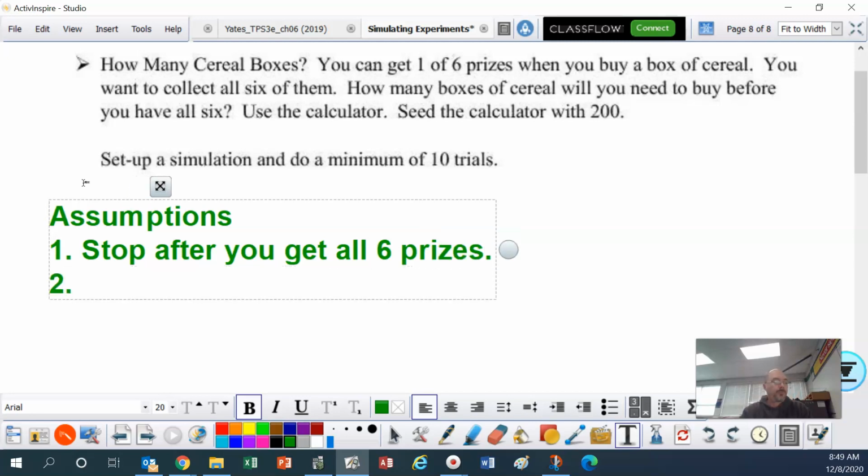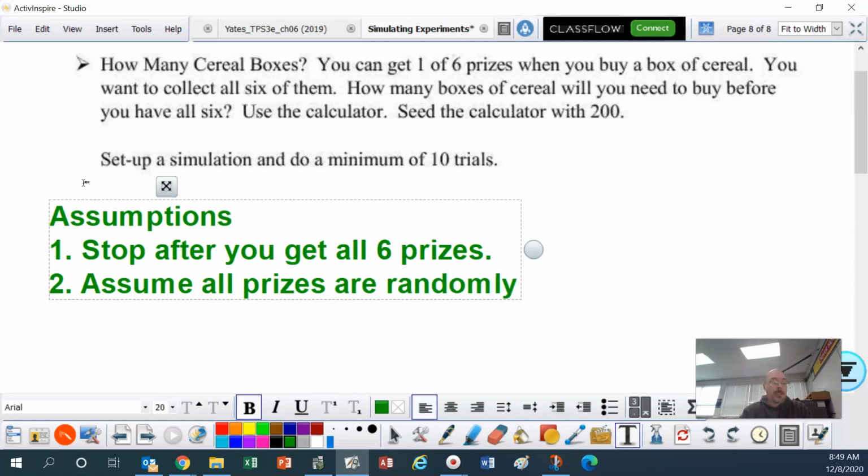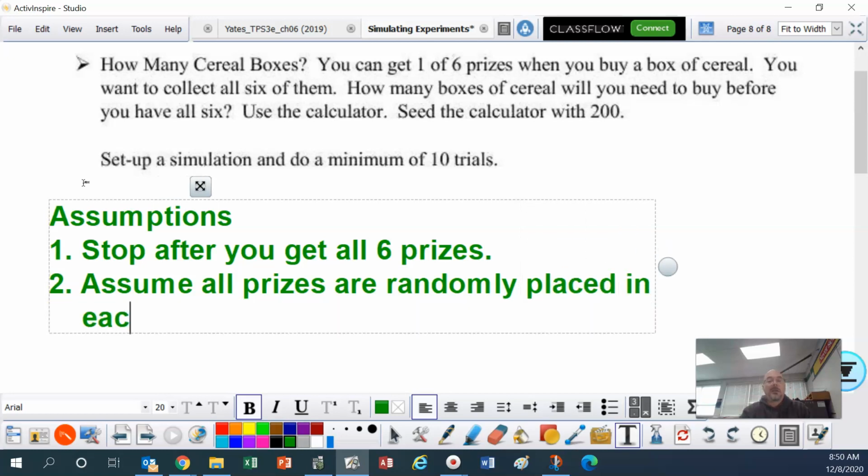2. Assume, this is important, assume all prizes are randomly placed in each box. Now that's a far stretch because I think when they make them, they just stick a whole bunch of the same prizes in a box and then they switch to a different prize.